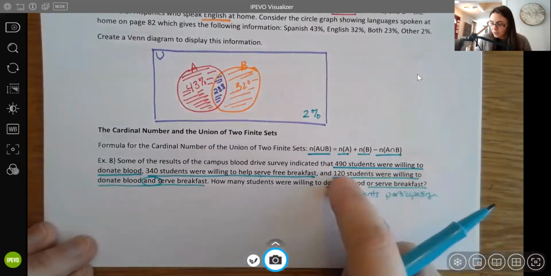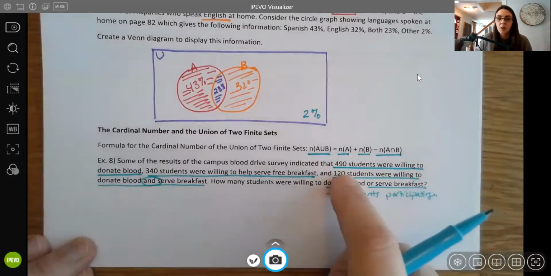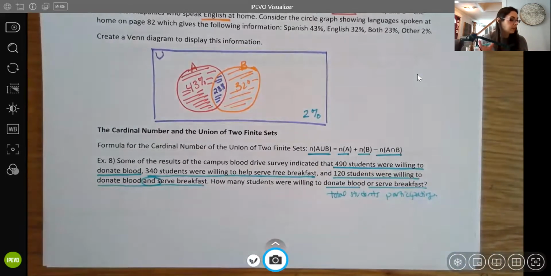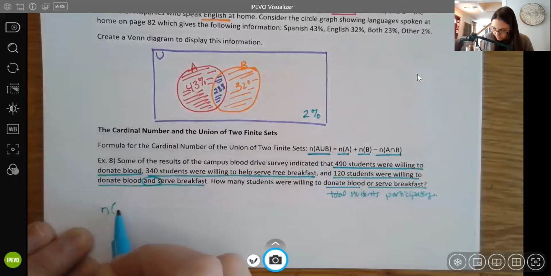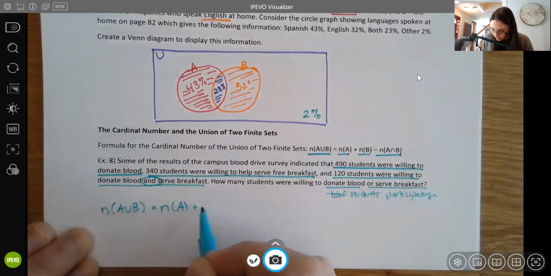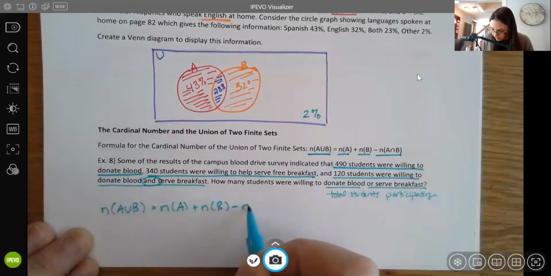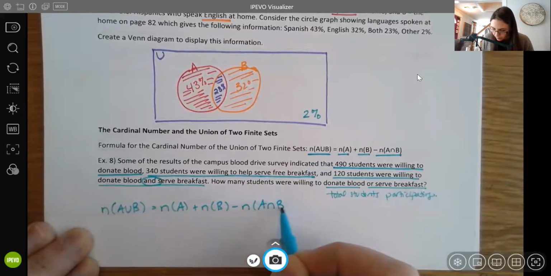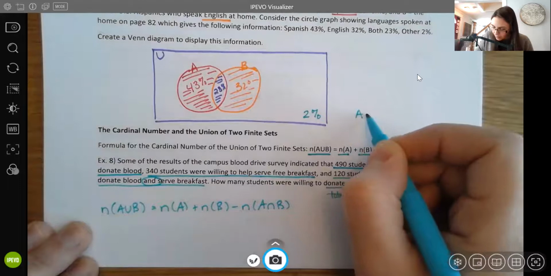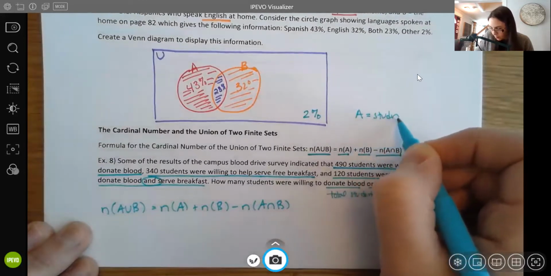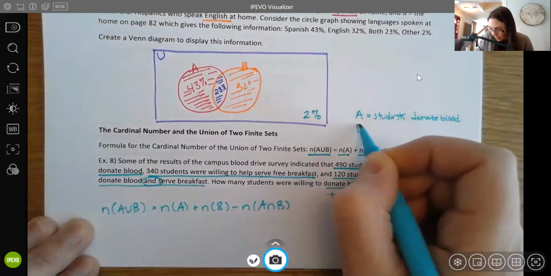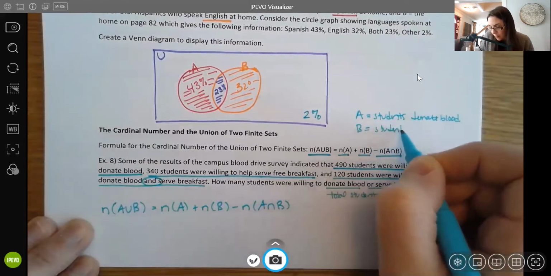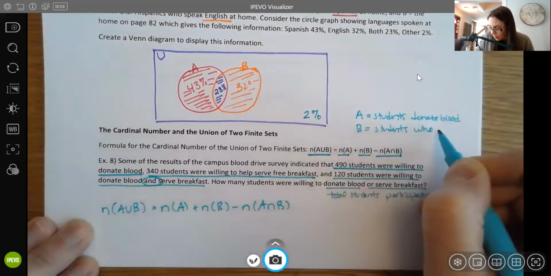But I have 120 who are in both categories. So I really need to make sure I don't double count here. So I can use this formula. So we're going to let A be the students who donate blood, and B be the set of students who serve breakfast.